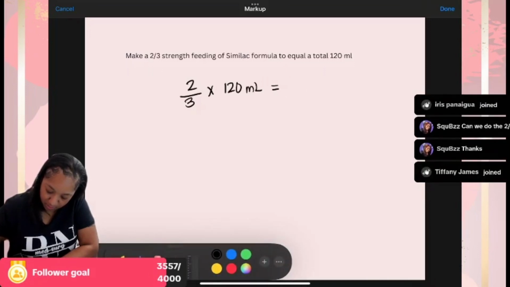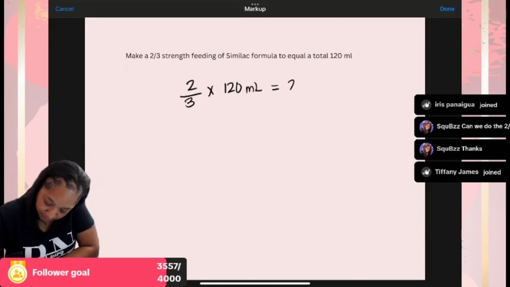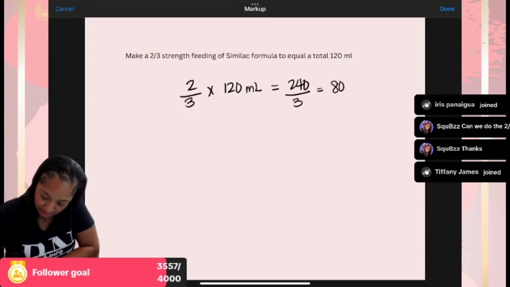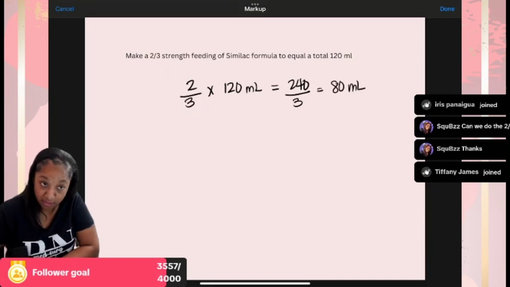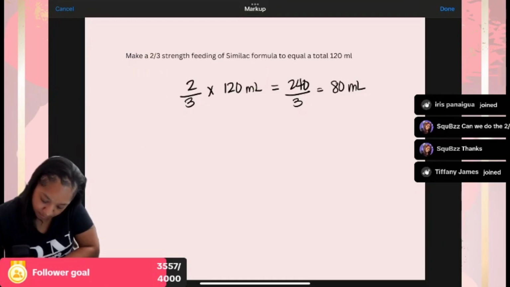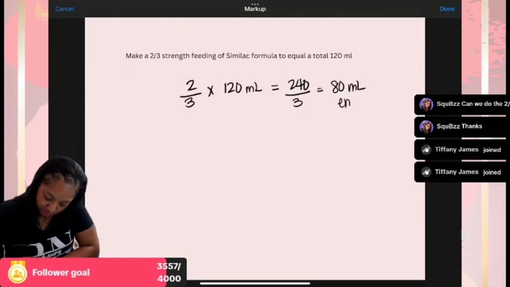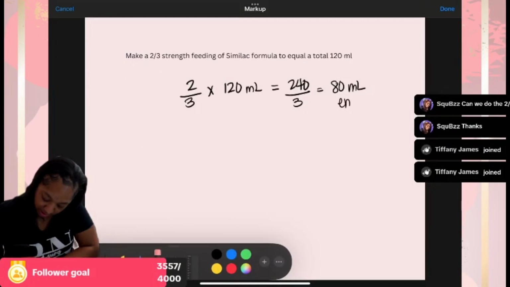What am I thinking? 240 divided by 3, which is going to be 80 mLs. So 80 mLs is going to be Similac.